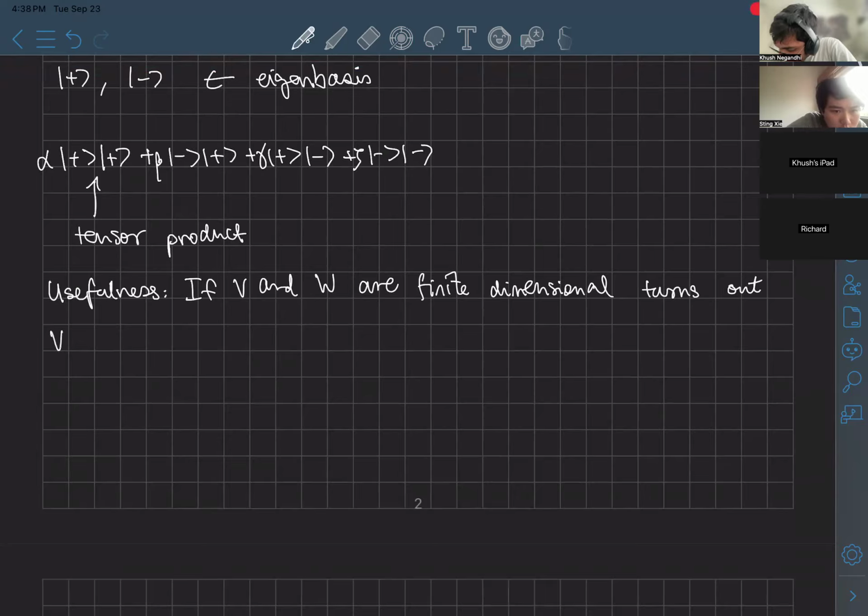The space V star tensor W is isomorphic to the space of linear maps from V to W. Let's talk through this one, because I think it's a little out there. Let's talk about why this might be true.